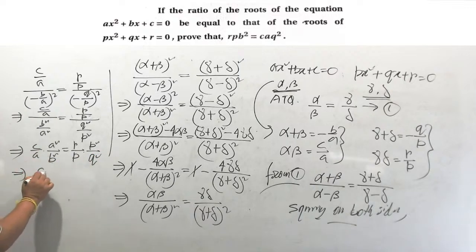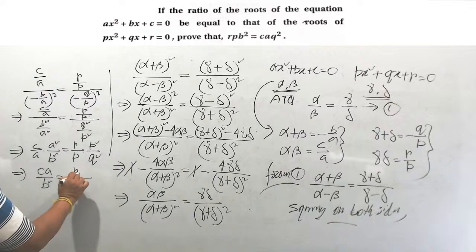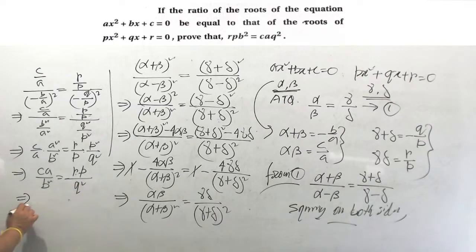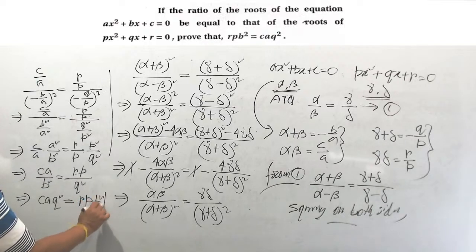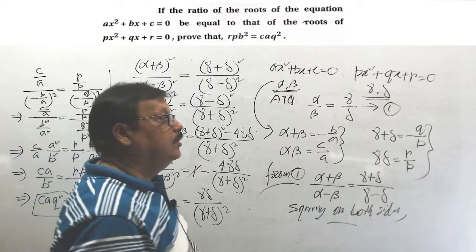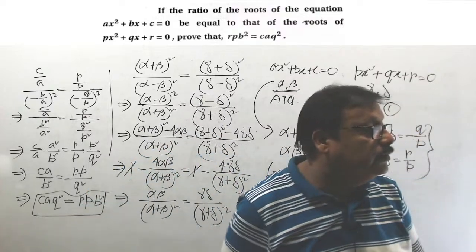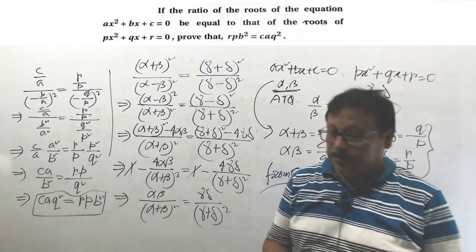The a cancels: ca by b square equals r into p by q square. This implies ca into q square equals rp into b square. I think this was to prove: ca q square equals rp b square. Yes, it is proved. Understood?